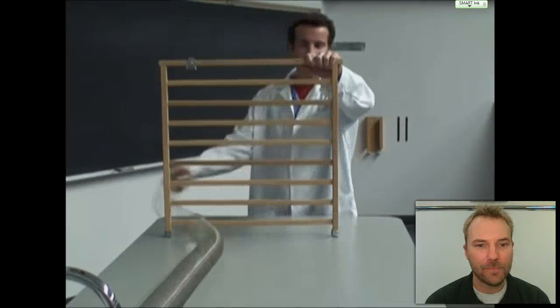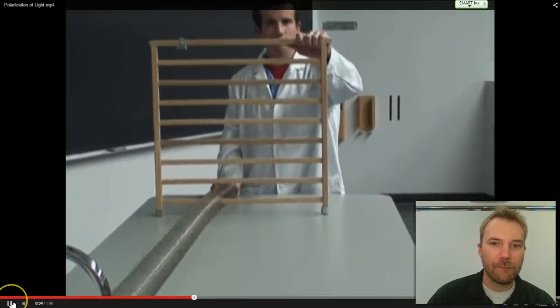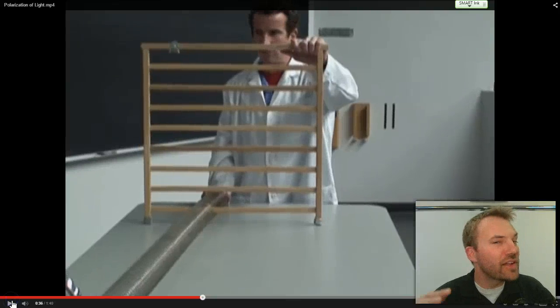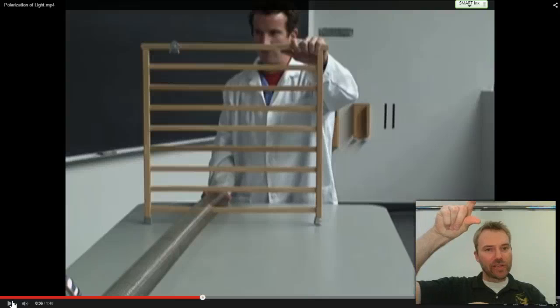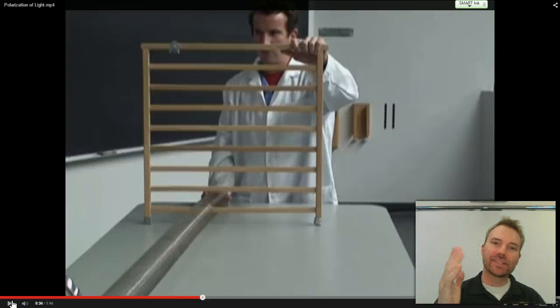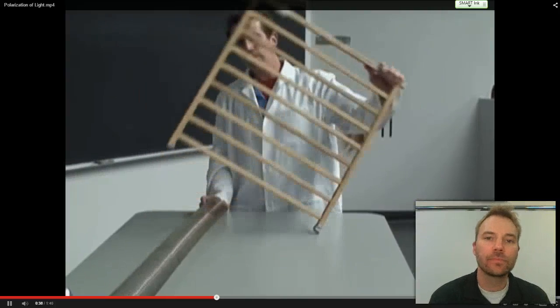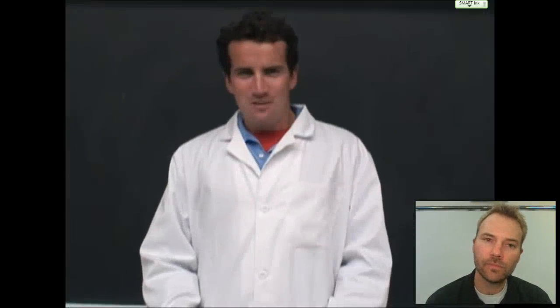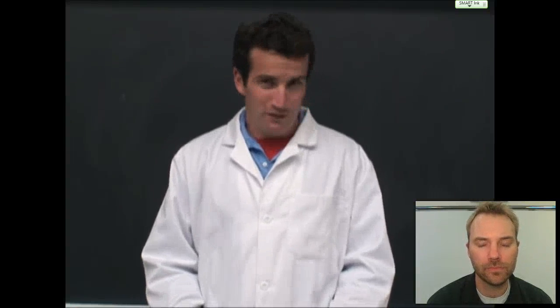No matter what crazy wave I send, only the left and right components get through. So when you go at a diagonal, the X component goes through, but the Y component gets canceled. It's been polarized. Now that only works on transverse waves. If it works on light, then light is a transverse wave. Because light can be polarized, we know it's a transverse wave.